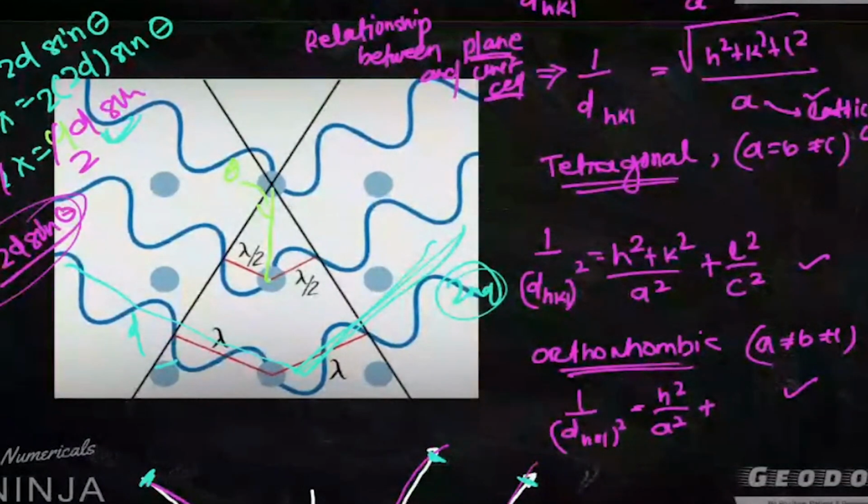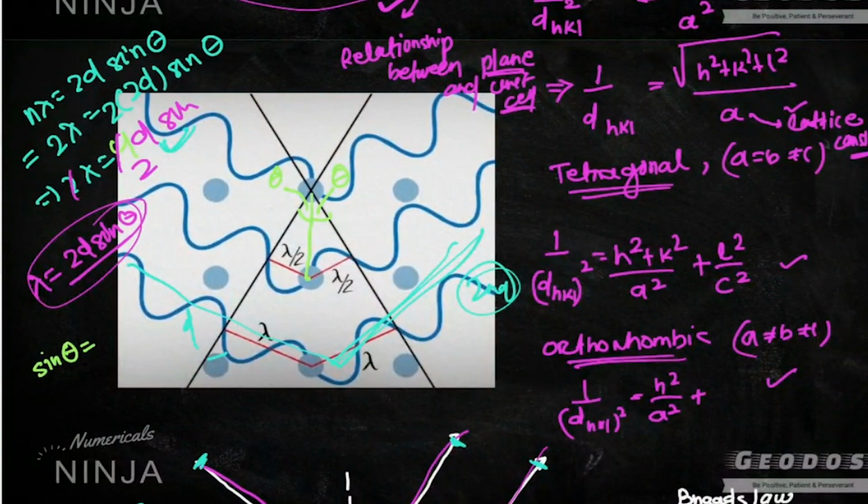And if you know, this is what I have already told you, this is your theta, that means glancing angle, this is your glancing angle। ठीक है, तो sin theta will be what, you guys can think about it, what will be the sin theta in this triangle, ये वाला एंगल में, this is your theta and this is your lambda by 2, or this is the white image, so that's why it is getting difficult, but you can easily see what it will be if I am denoting this again here.